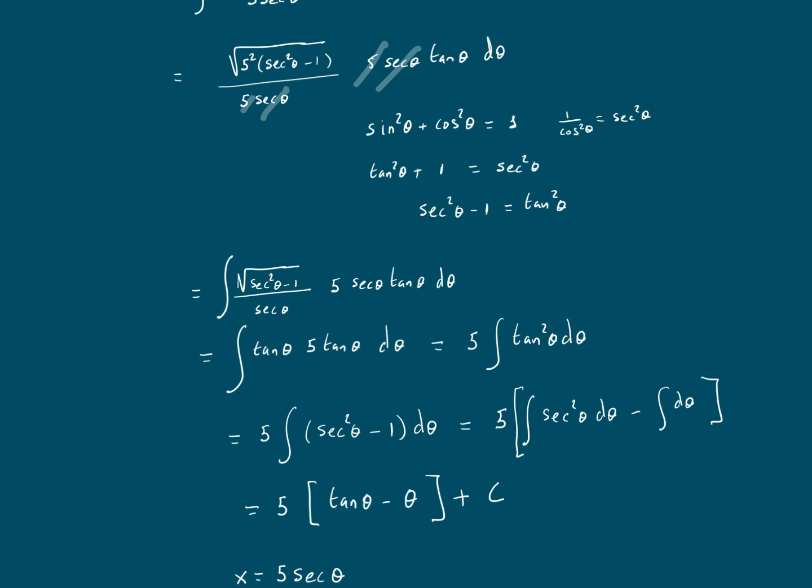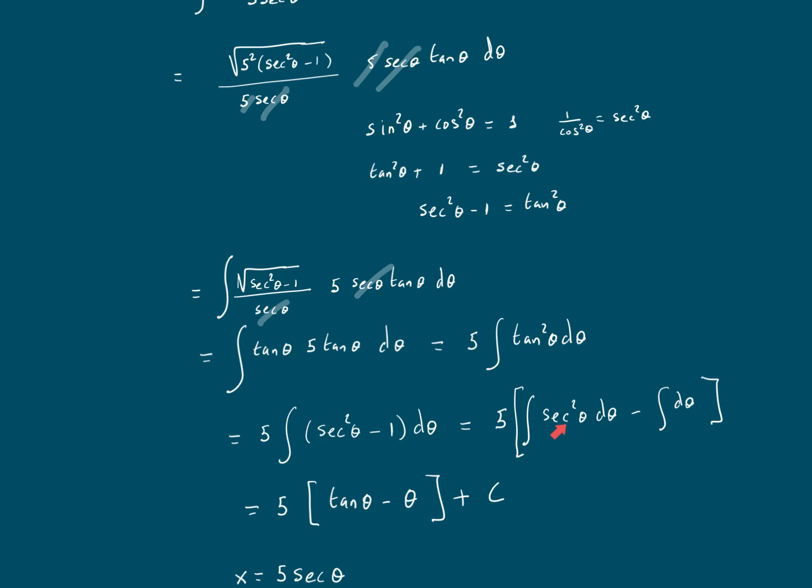So 5 tangent of theta, and the secant of theta cancels with this, and it will appear 5 times tangent squared of theta, or 5 times secant squared of theta minus 1, or 5 times the integral of secant squared of theta minus the integral of d theta.